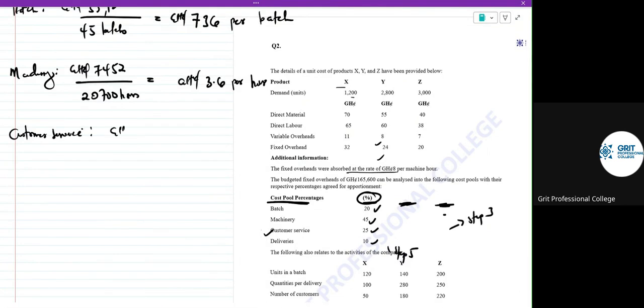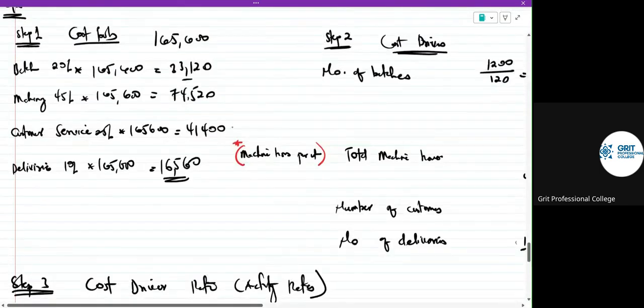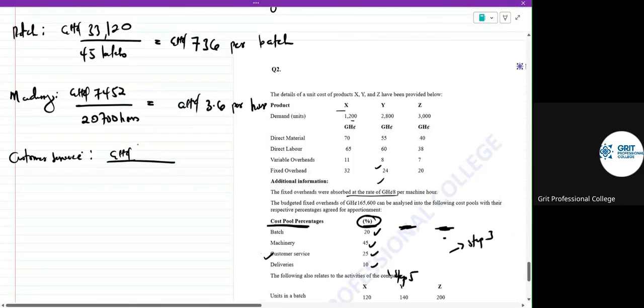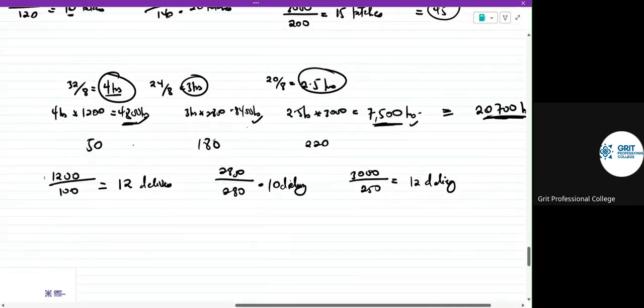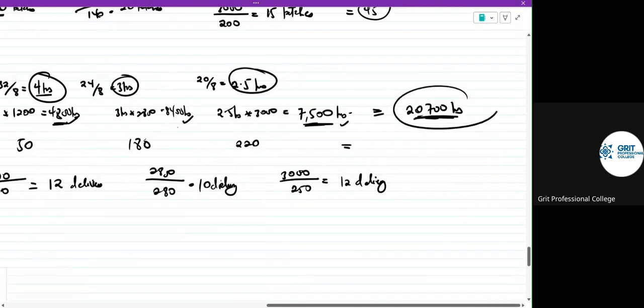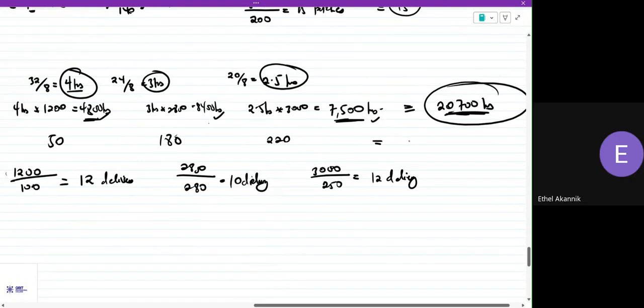Overhead costs allocated to that particular pool is 41,400. And then we divide that by the total number of customers that we have. So 50 plus 180 plus 220 gives us a total of 450 customers, right?